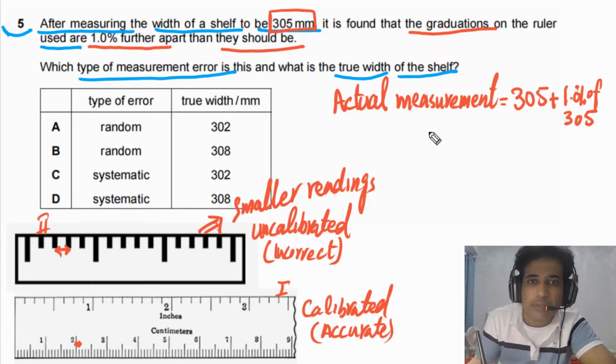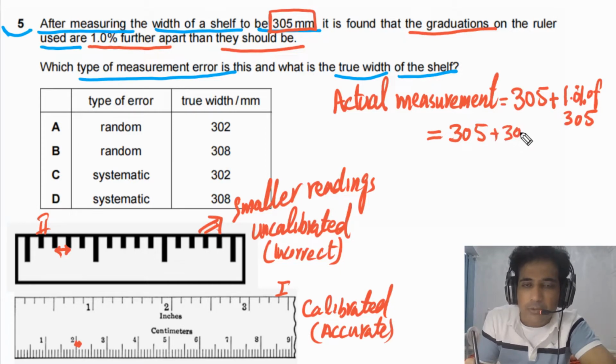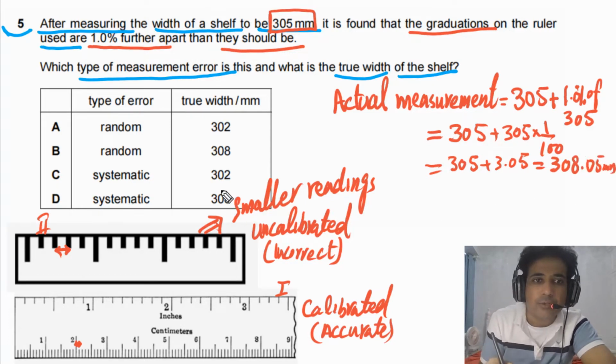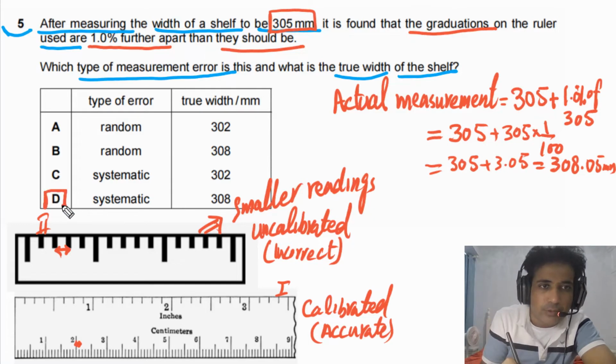If we multiply 305 by 1 divided by 100, this will be equal to 305 plus 3.05. So the actual value will be equal to 308.05 mm. So the answer is D.